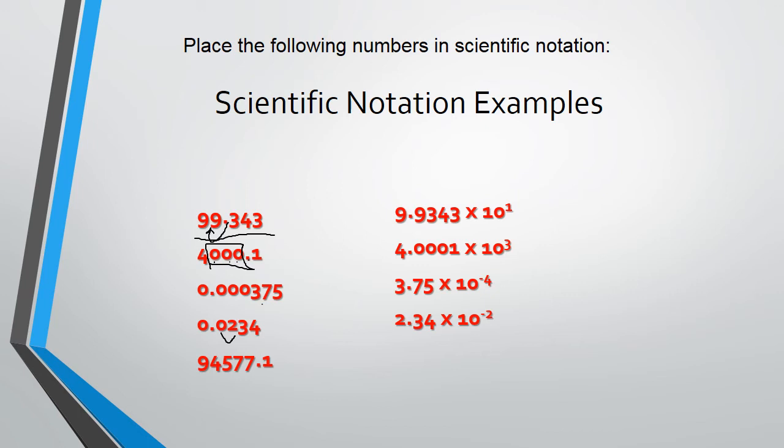Here, we move the decimal 1, 2. So it will be 2.34 times 10 to the power minus 2. And last, so we have a decimal here, we move it 1, 2, 3, 4. So we move the decimal 4 digits to the left side. So for that reason, it becomes 9.45771 times 10 to the power 4.